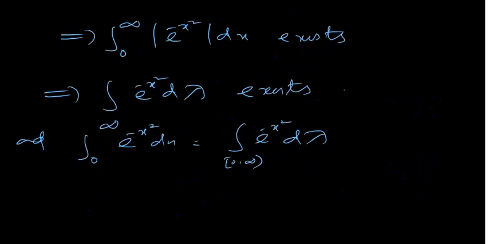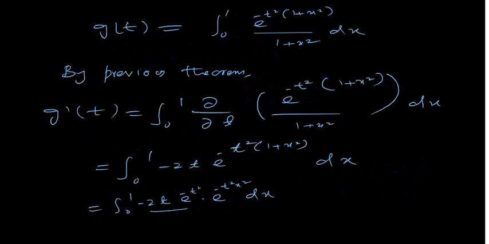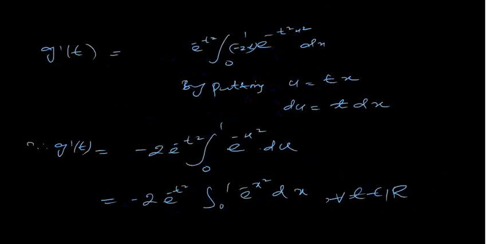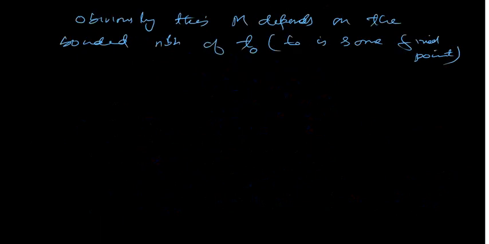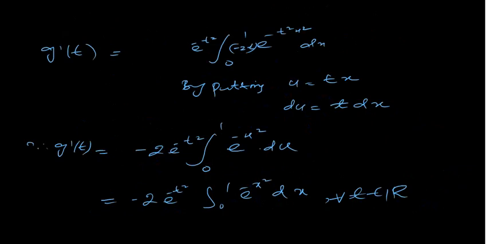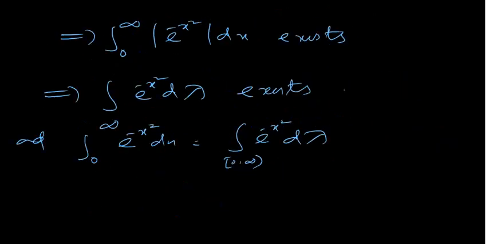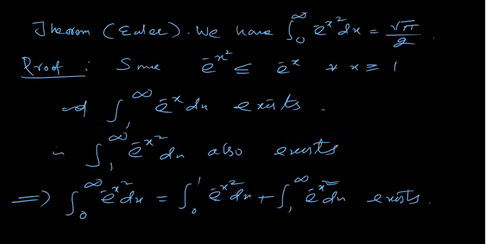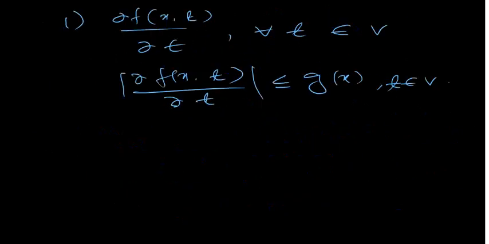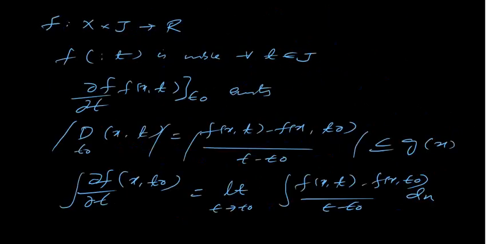For g you have this. What's f dash t? We already also calculated f dash t here, but that's not here. Where is that f dash t? So for f, this is it, where we have applied the fundamental theorem of calculus.